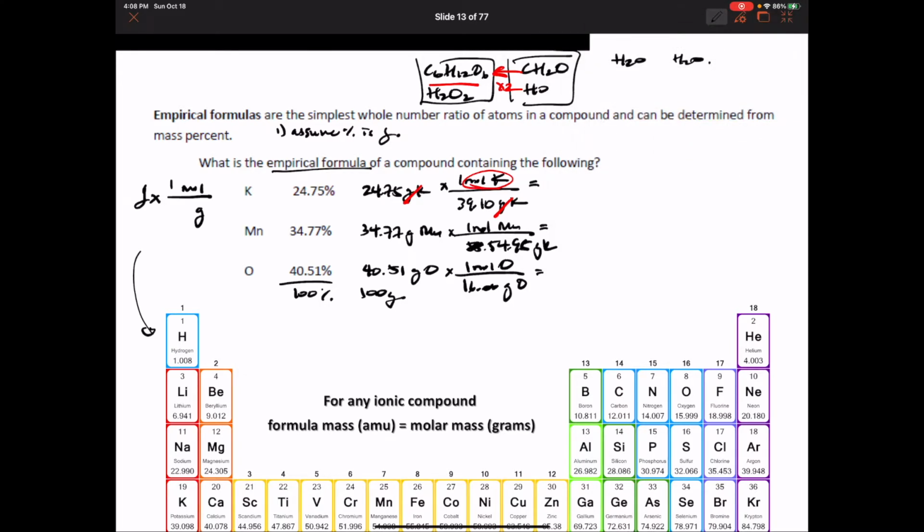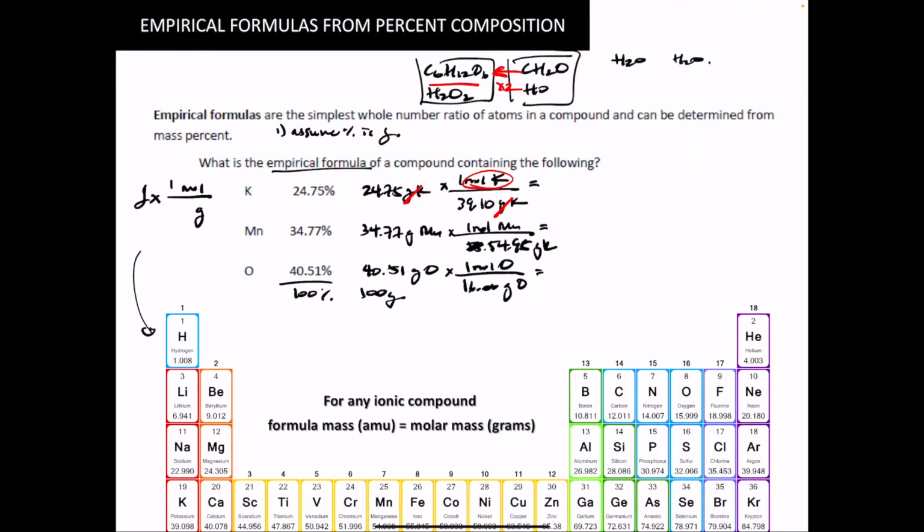So let's mash these in. 24.75 divided by 39.10 is 0.6330 moles K. For manganese, I get 0.6329 moles Mn. And for oxygen, I get 2.532 moles O.